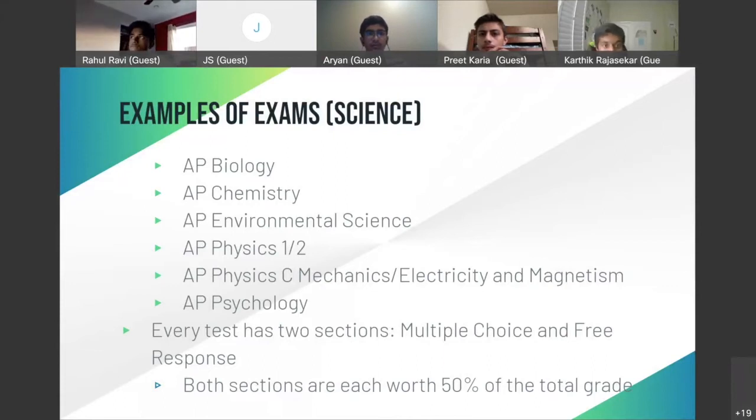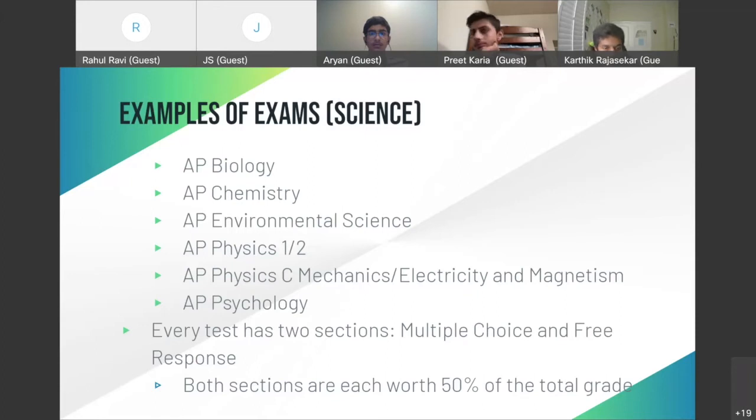For AP sciences, mostly every single test has the same structure: a multiple choice and a free response section. The free response section is made up of long free response questions and short free response questions. There are more short ones than long ones, and each section is worth 50% of the grade. So they both have equal weightage in that 1 through 5 score.